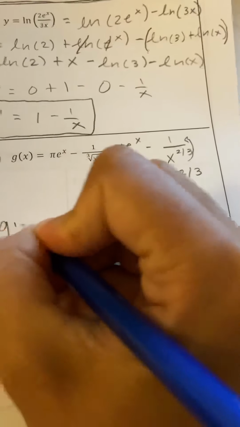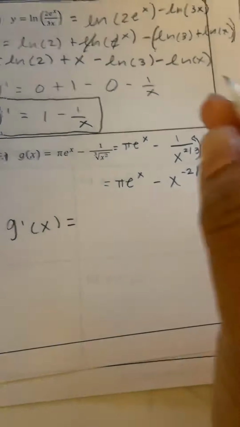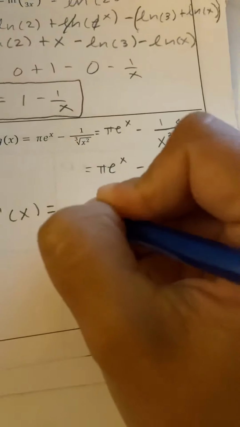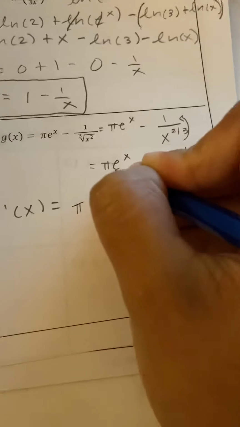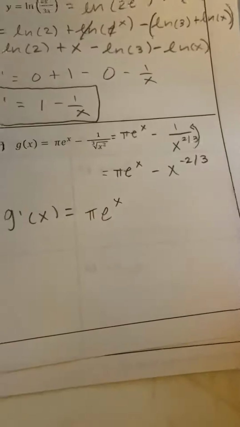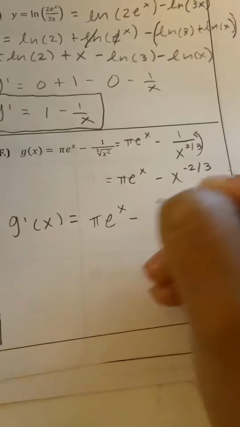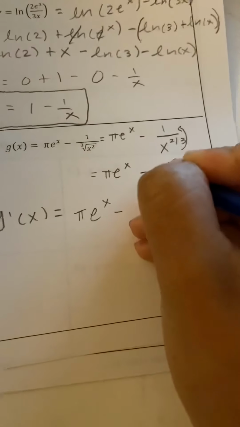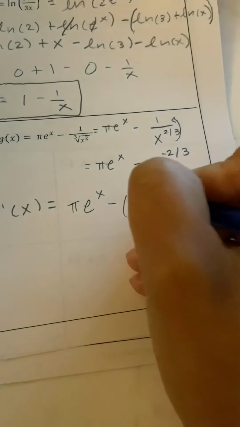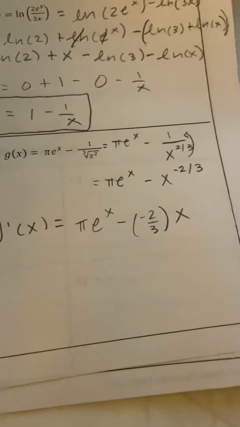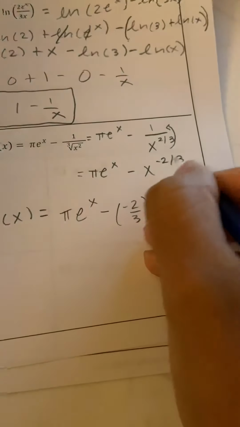I would have g prime of x is equal to, well, pi is just a constant, leave it alone. The derivative of e to the x, guys, is just e to the x. Minus, move your exponent to the front here. So I would have negative 2/3 x. And take away 1 from your exponent.